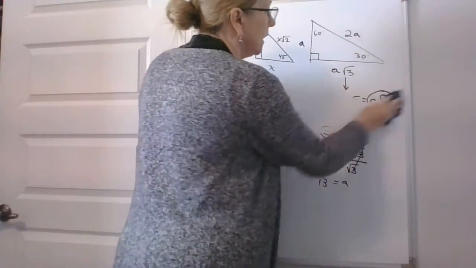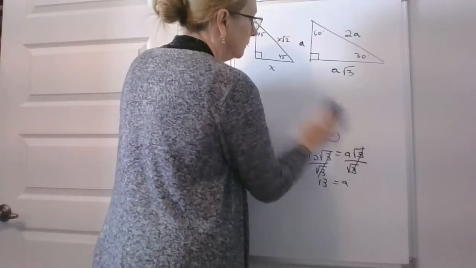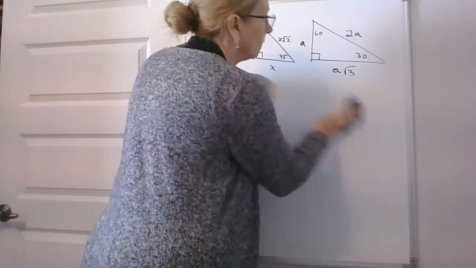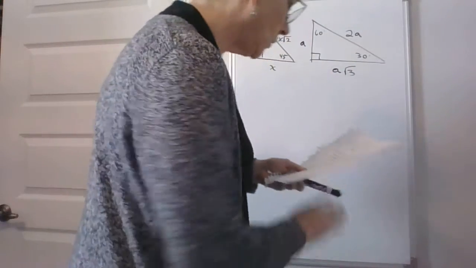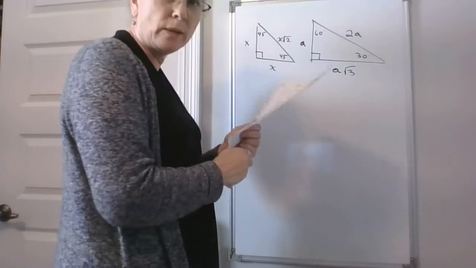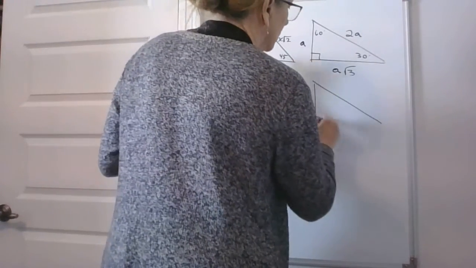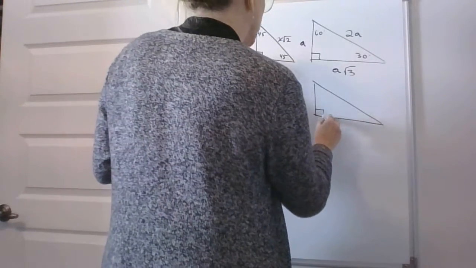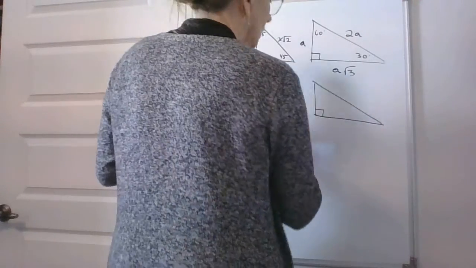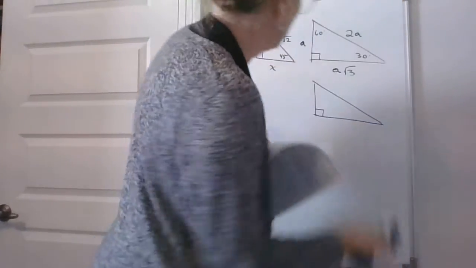It's a 30, 60, 90. And that 30, 60, 90 problem, before we move on to any 45, 45, 90s, gives you this. All right. Oh, I drew it a little crooked.